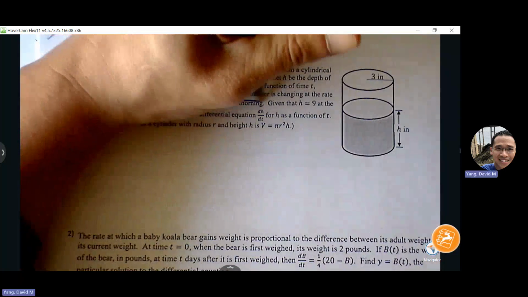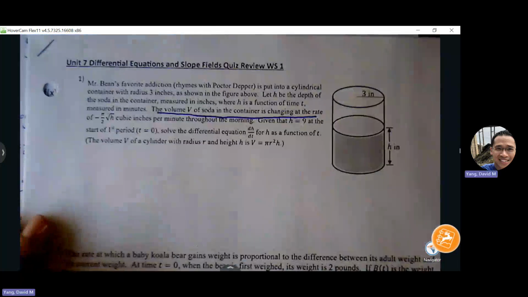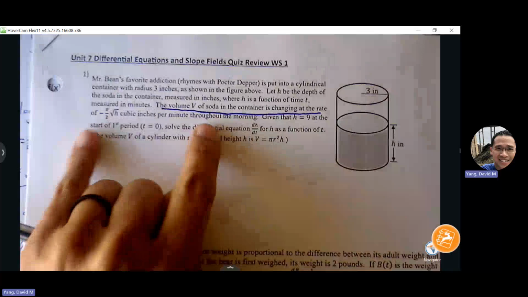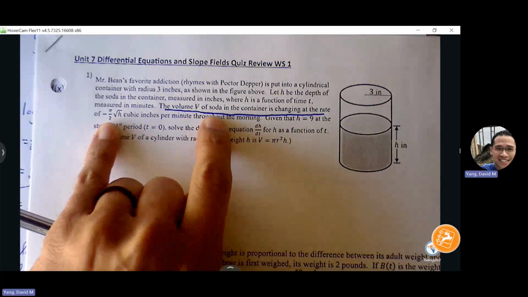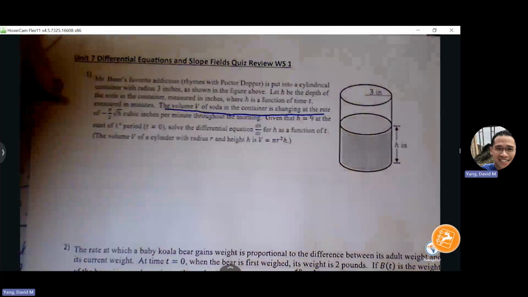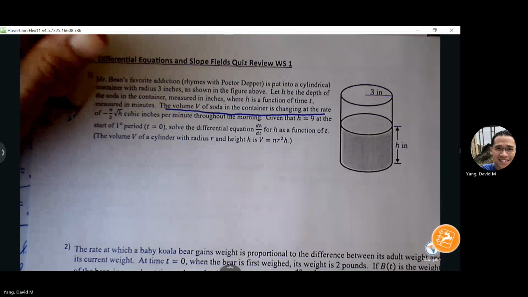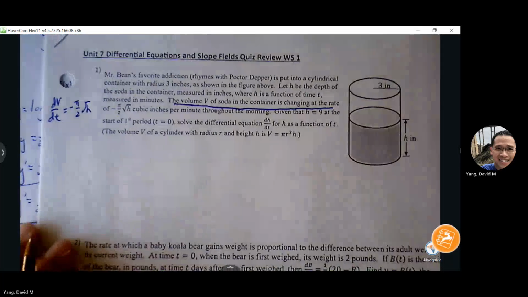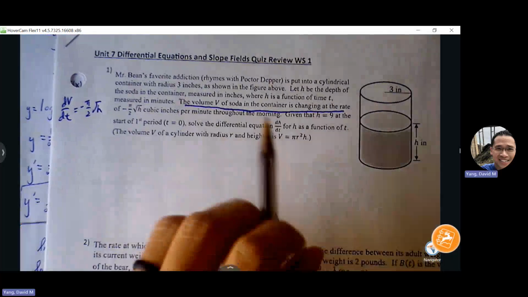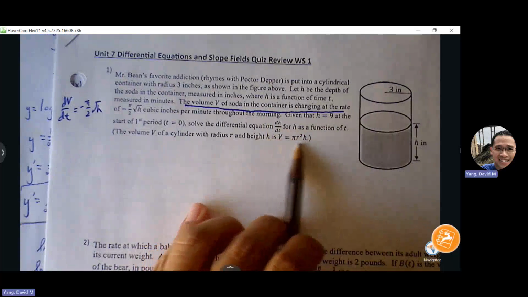Okay, so it says the volume is changing at a rate. What does that mean here? Yeah, so dV over dt, right? So we know dV/dt over here. We can also create a dV/dt from this side of things, right?